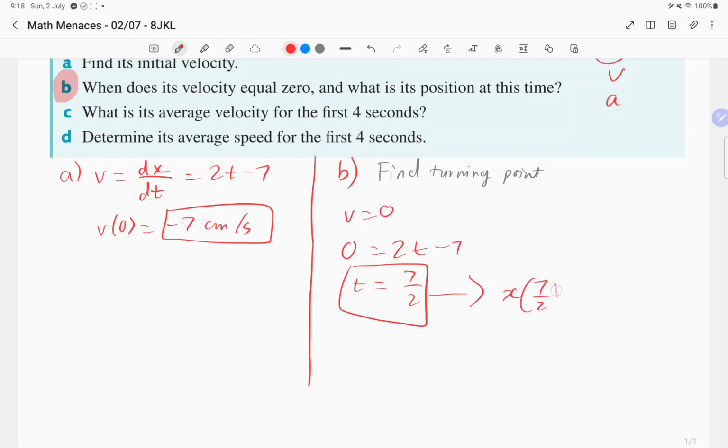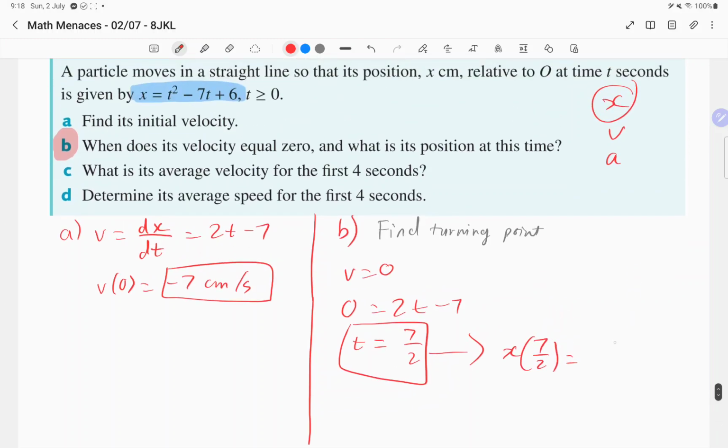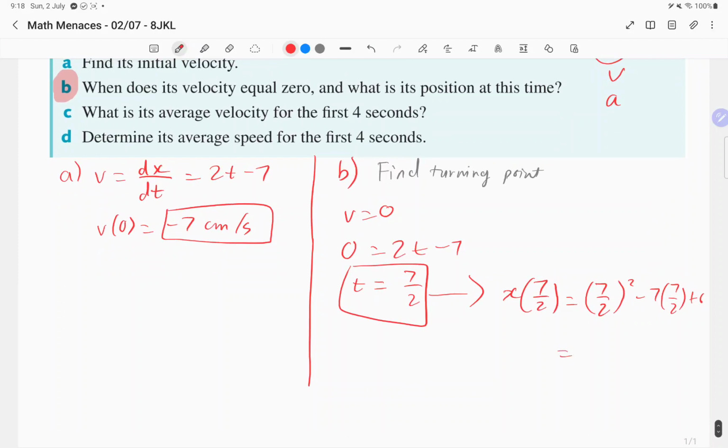Yep, so it's x of 7 over 2. That'll be 7 over 2, everything squared, minus 7 times 7 over 2, plus 6. When I look at this equation, I'll try to see if I can take out any common factor, but this one I can't, so I just have to work through it. So it'll be 49 over 4 minus 49 over 2 plus 6.